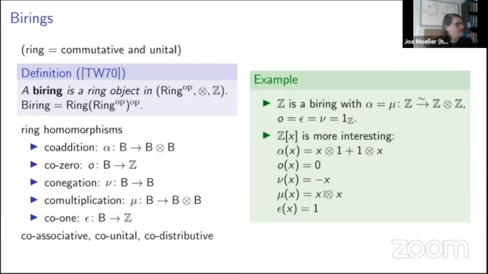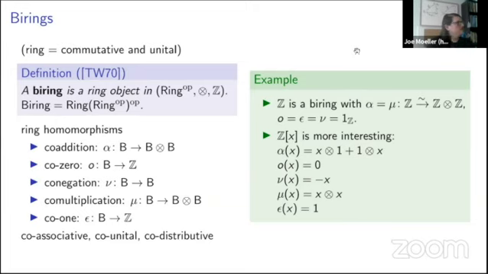And the thing I want you to keep in mind about this particular example and the way that I wrote down the formulas is that Z adjoin X is the free ring on one generator, and I'm explicitly using that to define all of these structures. So it's very important that this is the free ring on one generator. I just want you to keep that in mind.